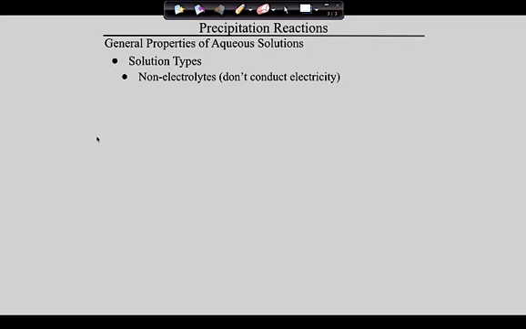So guys, this is going to come up in your notes in a second, but let's talk about it foundationally. In order for a solution to conduct electricity, what has to be present? Charged particles. There has to be something in there that's charged.